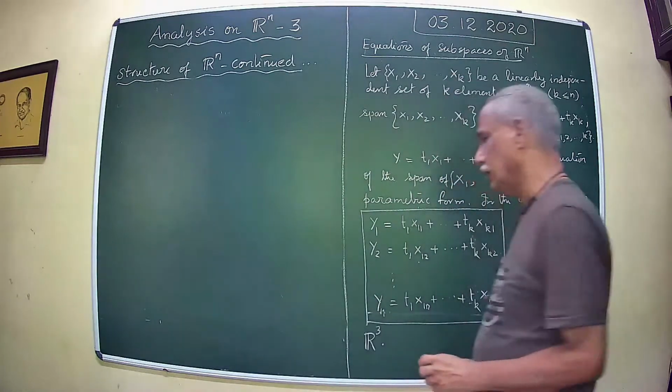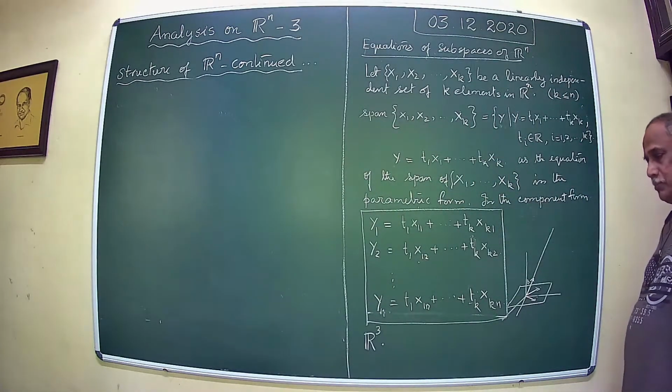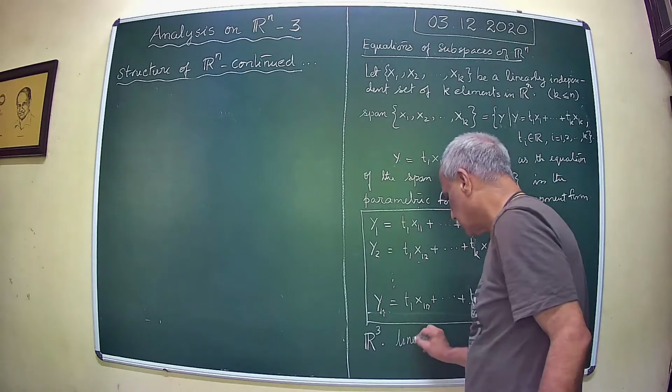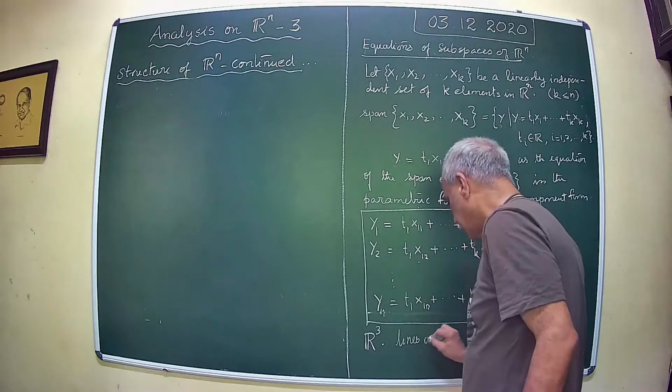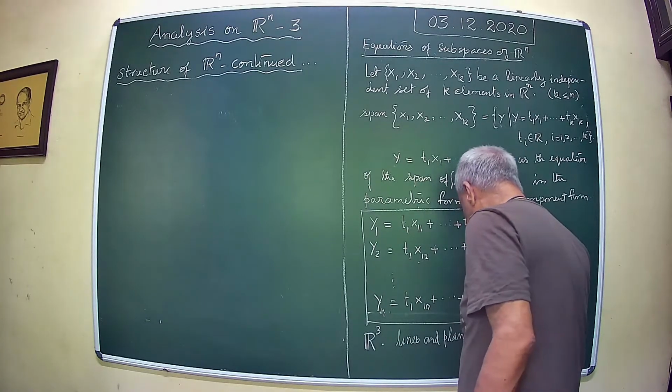What are the subspaces that you have here? The subspaces are lines and planes passing through the origin.